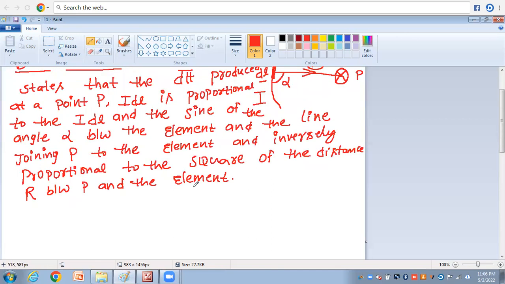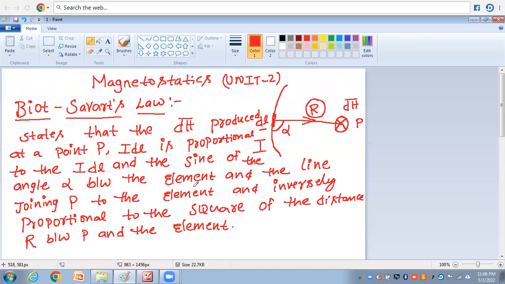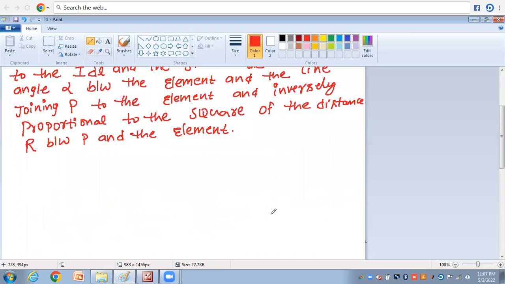Once again, Biot-Savart's law states that the magnetic field intensity dH bar produced at a point P, as shown in the figure, is proportional to the differential current element I dl and the sine of the angle alpha between the element and the line joining P to the element, and inversely proportional to the square of the distance R between P and the element.